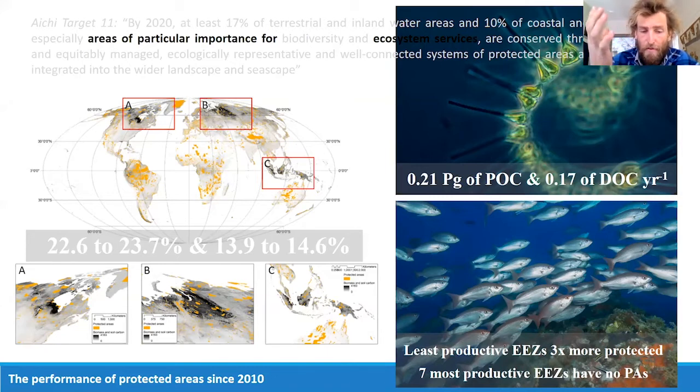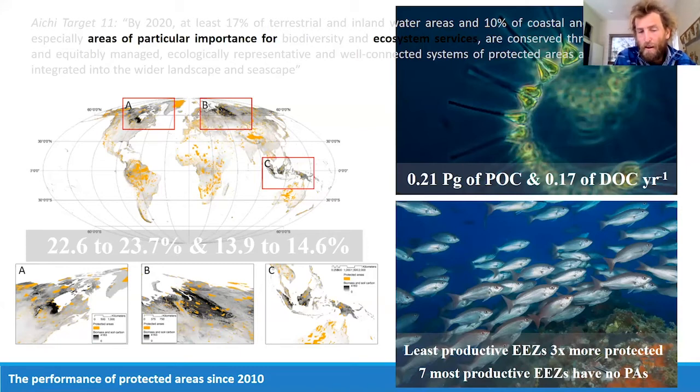We also found that the 7 most productive pelagic regions, so this is areas outside of EEZs, have no formal protected area coverage. So it's a bit to digest there, sorry, but essentially you've got exclusive economic zones, those areas about 200 kilometres out from your country border.